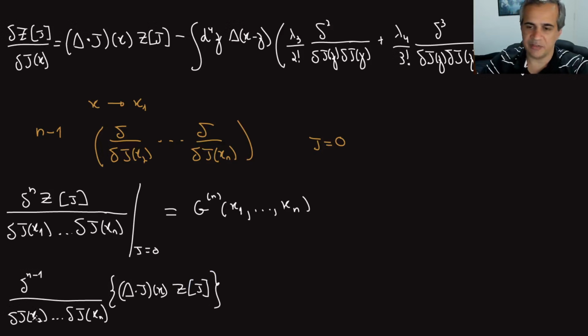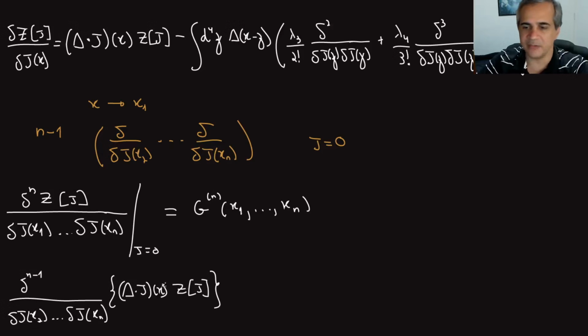So these derivatives have to act here, and they can act on this j, or on the j's in the exponentials here. I know what happens when they act here: they just become a green function again. Some number of derivatives acting on z will be just the green function.